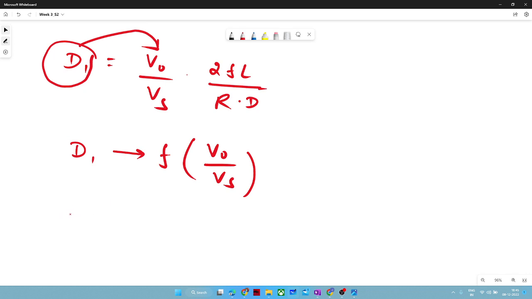So further, if you do this, D1 in terms of V naught by Vs, so what you will get, if you remember, we had equated ID average to I naught.